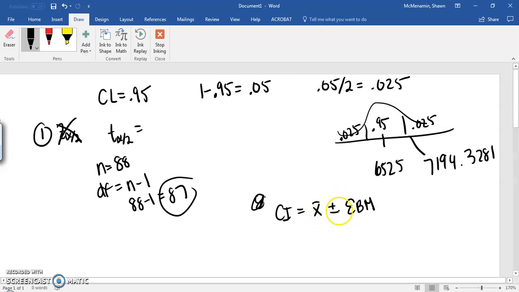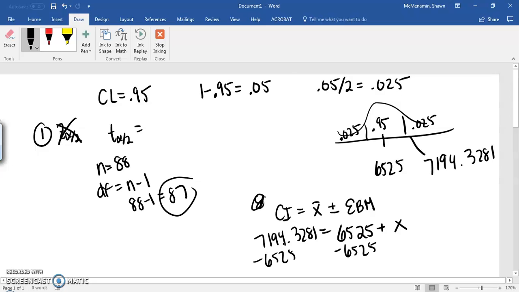But if you're not given the error bound, then what you're going to do instead is plug in the upper part, 7194.3281 equals X bar, which is 65.25, plus X.